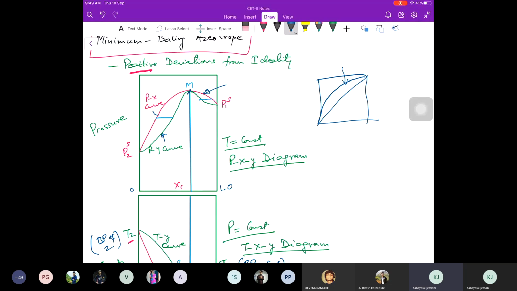So at this point, if you take this is x1, y1, right? On the X-axis, if I take the PX curve, x1 is this value. If I take the PY curve, y1 is this value, right? So what does this mean? At this point, x1 is equal to y1.